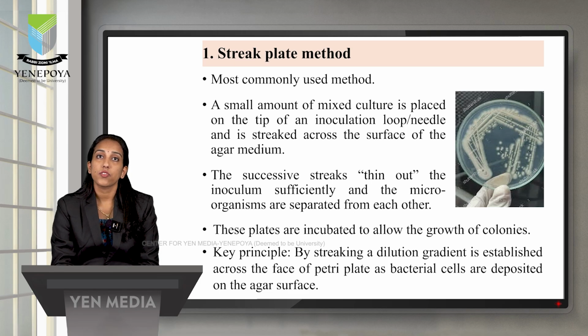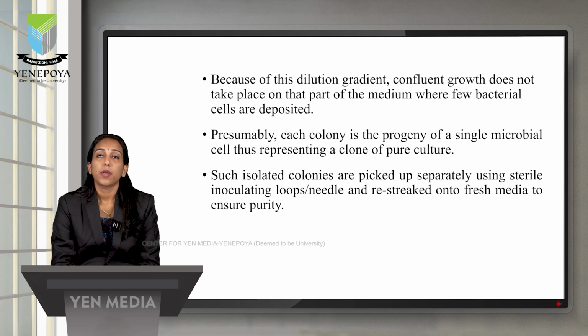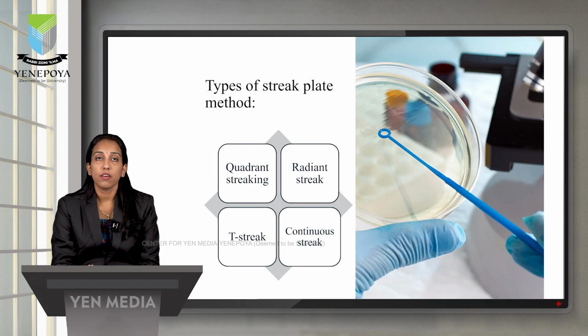Successive streaking thins out the inoculum, so a dilution gradient forms and we get discrete colonies. Because of this, confluent growth will not be there, only a few cells. Thus we transfer to fresh medium and take out the pure microorganism.